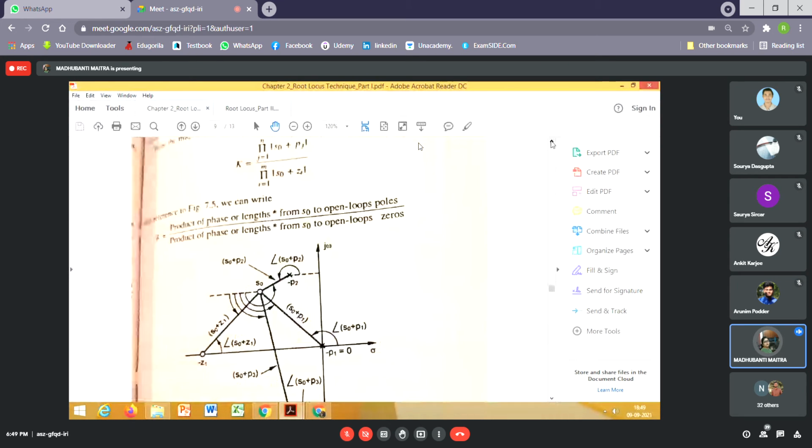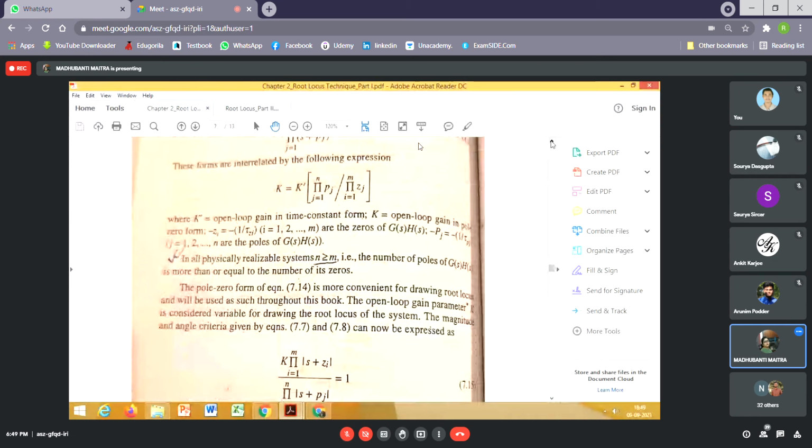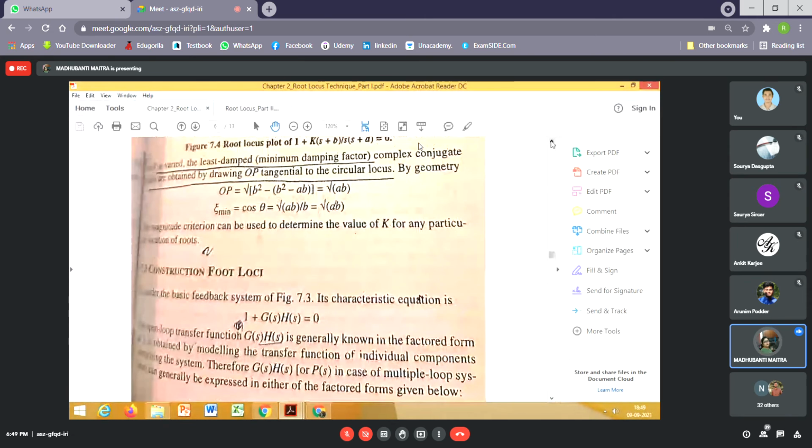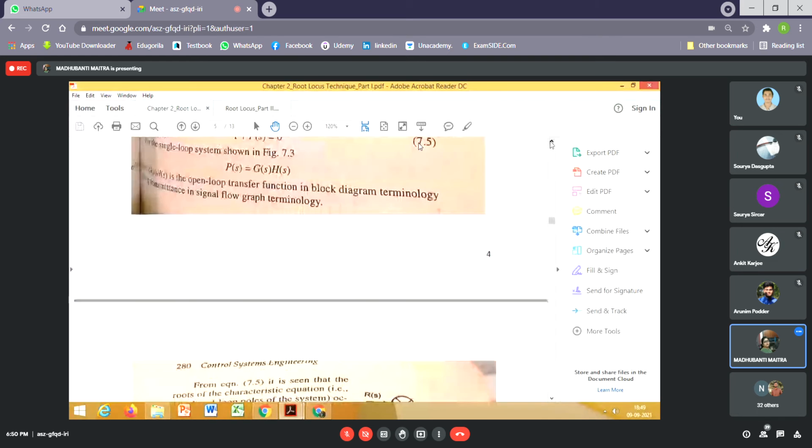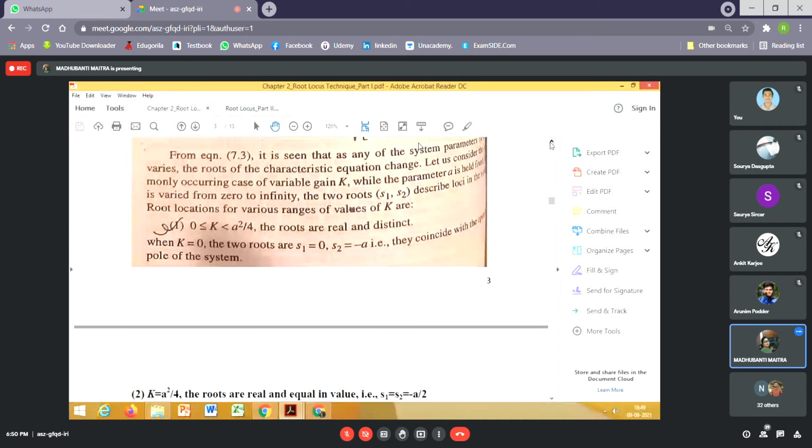We have already discussed this particular experiment. Let me get back to that experiment where we discussed a second order system. Yes, this one.